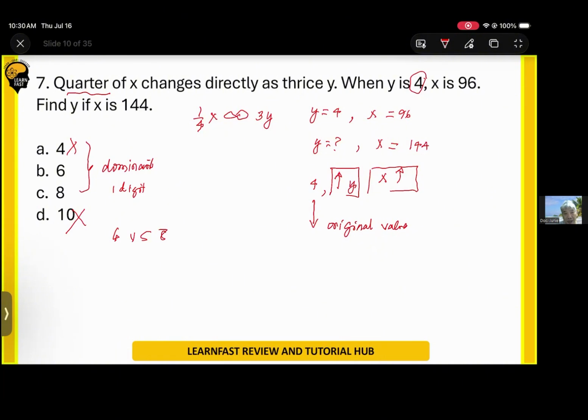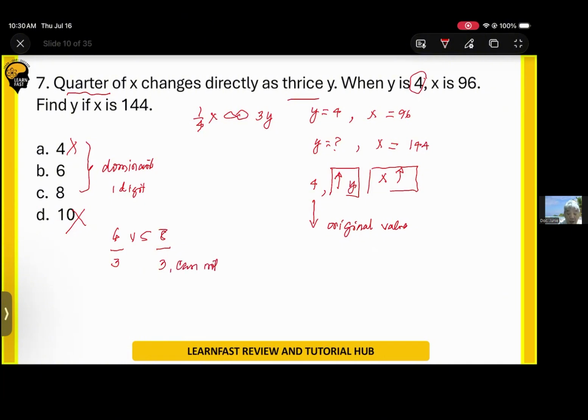And then it says there thrice of y. So when you say thrice of y, the answer should be divisible by 3. And 6 is divisible by 3. 8 cannot be divided by 3.